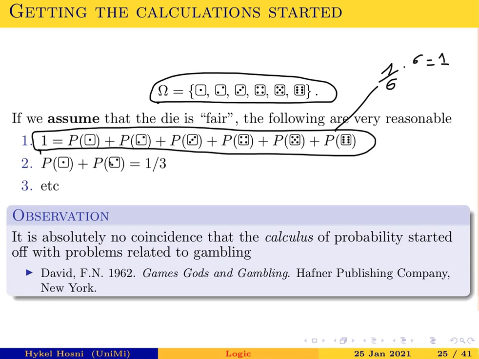And of course, you can just consider subsets. So you're just saying, well, I'm rolling, and on the next roll, I maybe get 1 or 2. So the probability of that is the sum of those two probabilities. The reason for this is really the beginning of the whole calculus of probability.